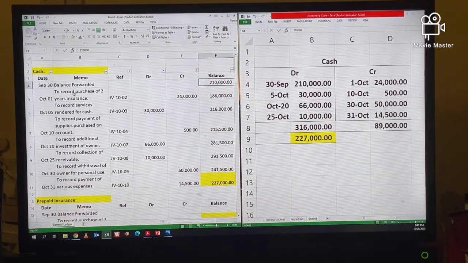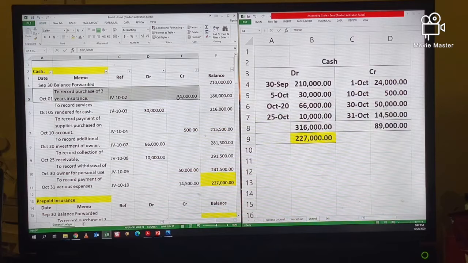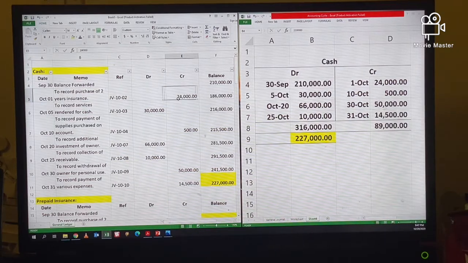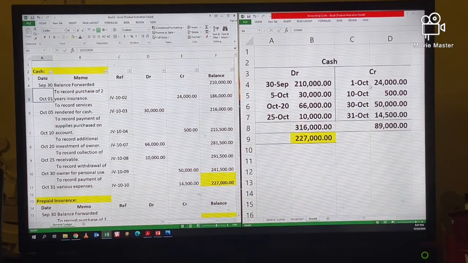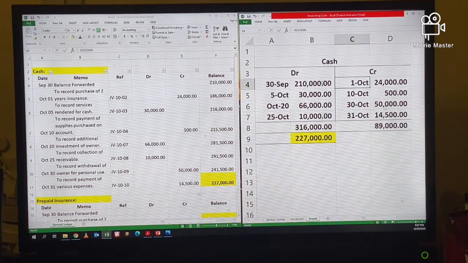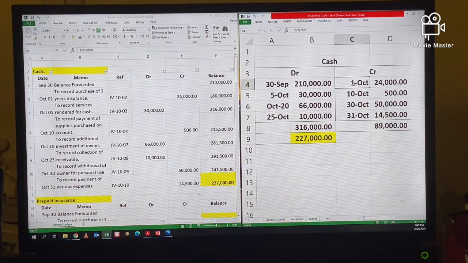You put the date and the amount. Some professors will teach you to put the amount here and the date there. Either way works as long as it is on the left side and the right side. It depends on your professor's style.